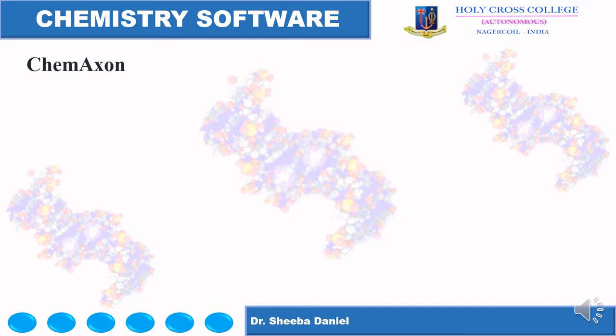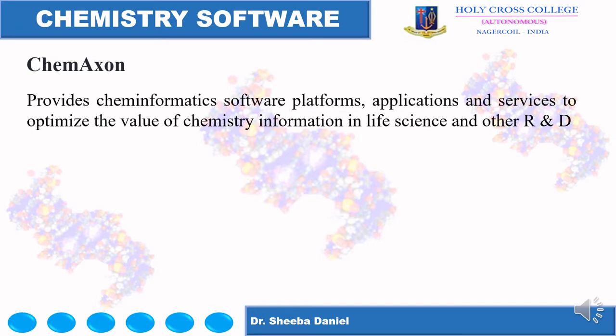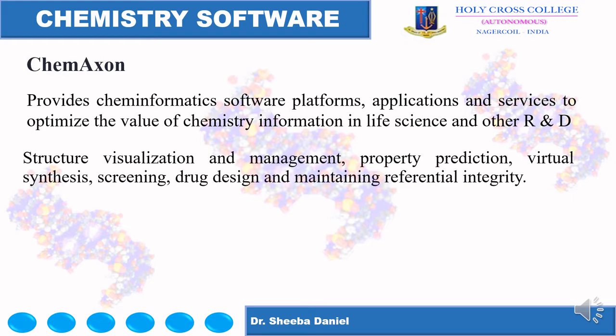The next one is the ChemAxon. ChemAxon is also a chemistry software which provides chem informatics software platforms, applications and services to optimize the value of chemistry information in life science and other research and development.